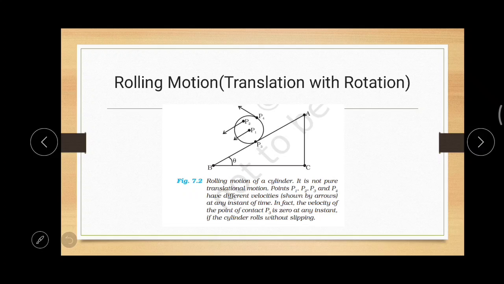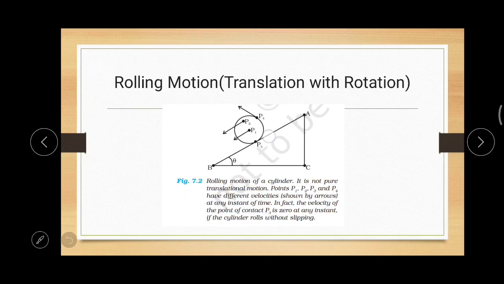Here you have four points, P1, P2, P3 and P4, and the velocity directions are given for them. For P1 and P2 you can see that the direction of the velocity is the same. So in rolling motion, the velocity values of the particles may not be constant.